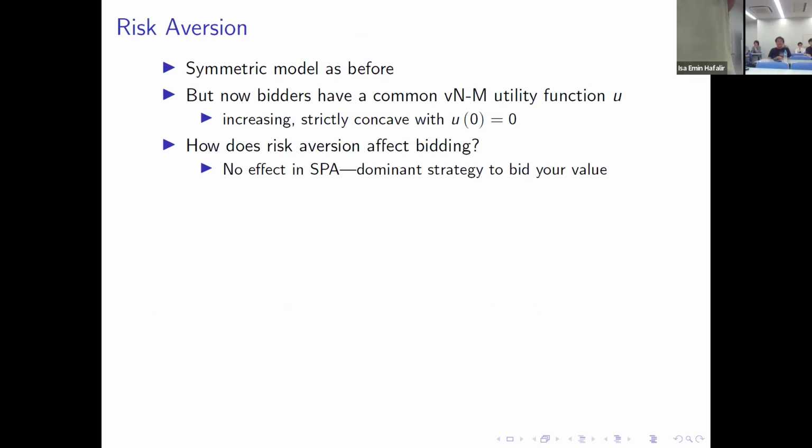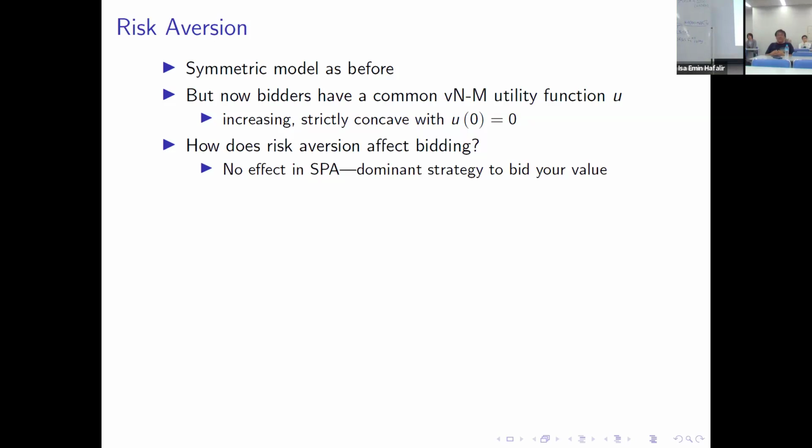But in the real world, we know that many people are risk averse or risk seeking, most of the time risk averse, and many results in experimental auctions show that while participating in auctions, lots of risk averse kind of behavior is observed. So it is important to understand.